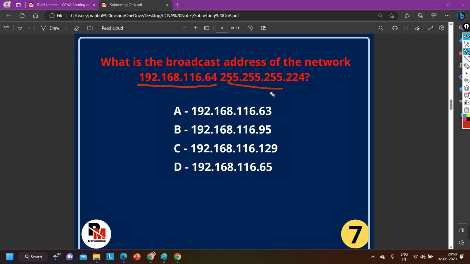Everyone is saying 63, or 95. One person is saying B and one is saying D. What is the right answer, guys? Okay, what will be the network ID?